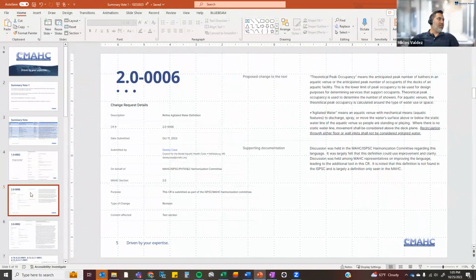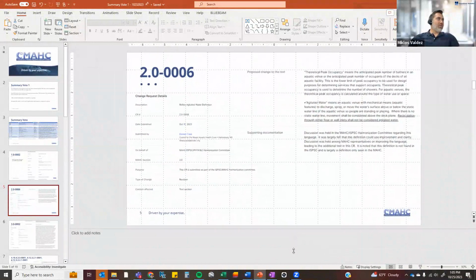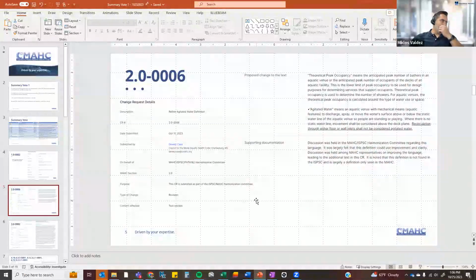All right, number 2, this is 2.0-0006. This is updating the agitated water definition. In section 2, under agitated water, it's adding the sentence: recirculation through either the floor or wall inlets shall not be considered agitated water.